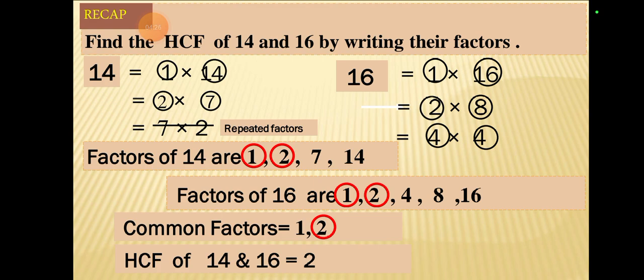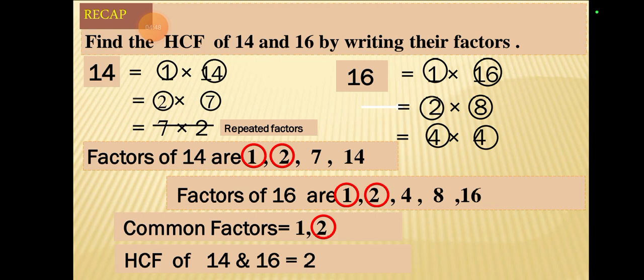Now we know the factors of 14 and of 16. The factors of 14 are 1, 2, 7 and 14, and the factors of 16 are 1, 2, 4, 8 and 16. Looking at both, 1 is similar and 2 is similar.